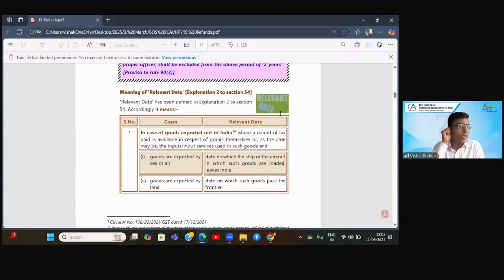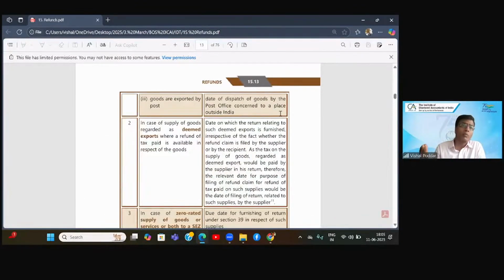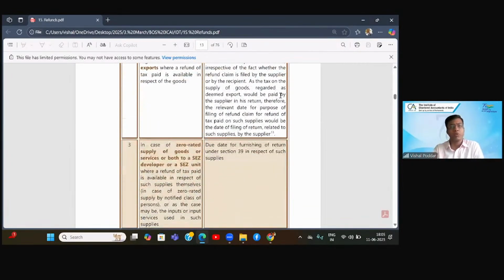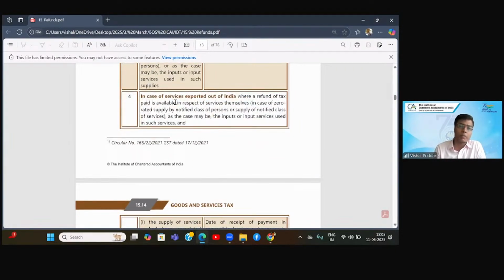Now, this refund eligibility will trigger whenever the refund-causing event happens. If we are talking about export refund, it is when the ship or the aircraft leaves India. If we are talking about deemed export, it is when the supplier files his returns and pays the tax, and then you can go for refund. When it is supplies to SEZ, again, after filing of returns where you disclose these supplies.